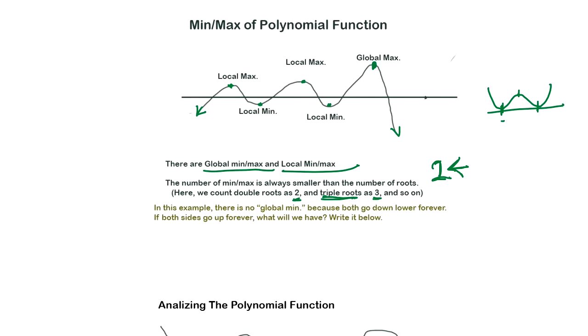The number of min and max is 3 for x to the fourth, but the root is 4. Min and max is 3, right? So that's what it's saying.